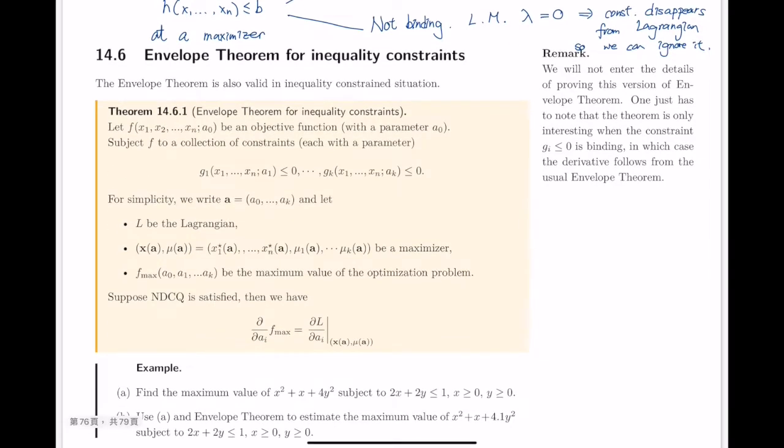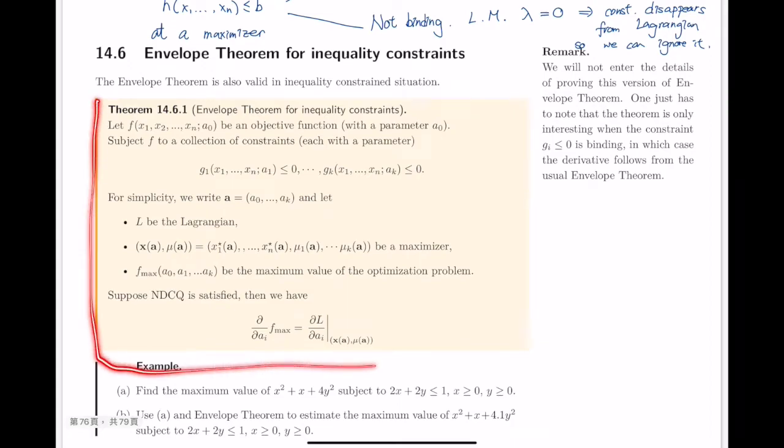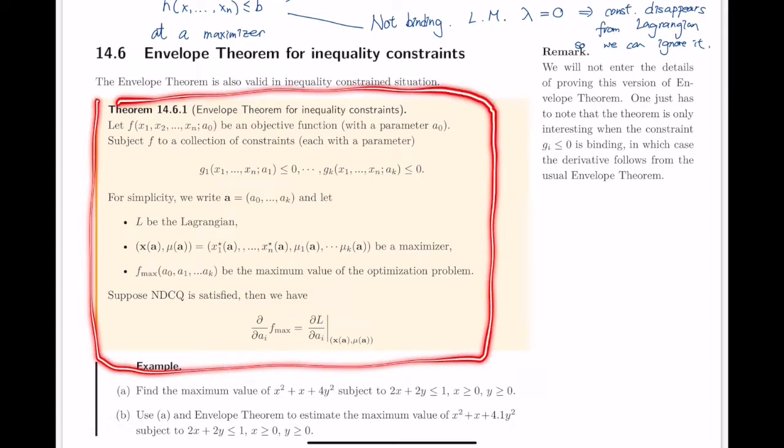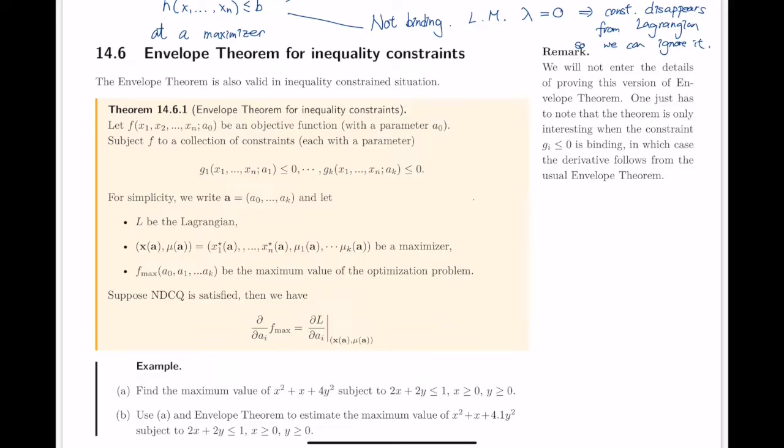So this theorem, although I make it sound like a separate theorem, actually the entire conclusion is identical to the case with equality constraints.